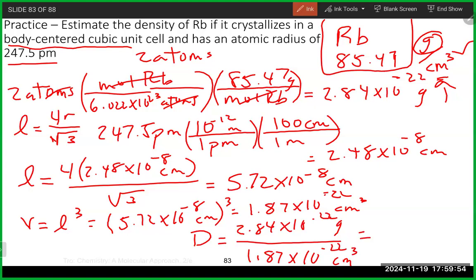And that's going to give us a density for our metal of 1.52 grams per cubic centimeter. Any question on that calculation there?